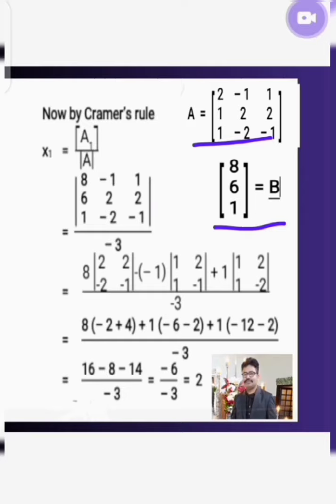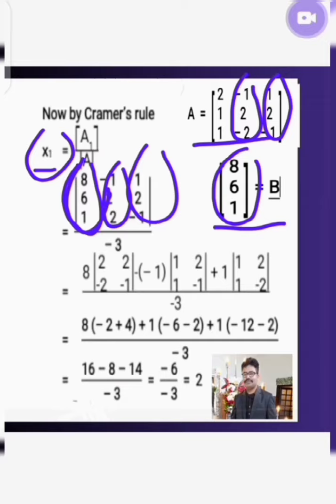That matrix is equal to B. Now Cramer defined that the value of B will be written in the first column when we find the value of x1. The B value will be written in the first column when we find the value of x1. The remaining columns, second and third column, will be written here.